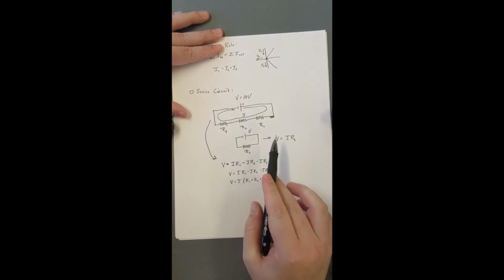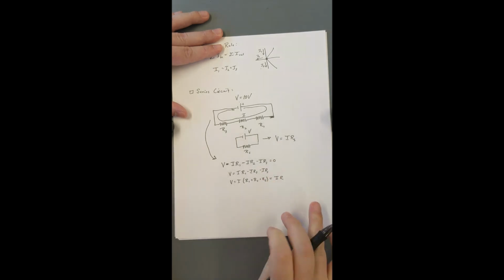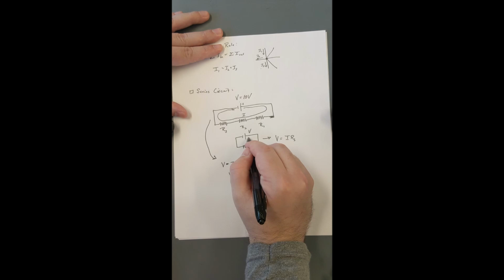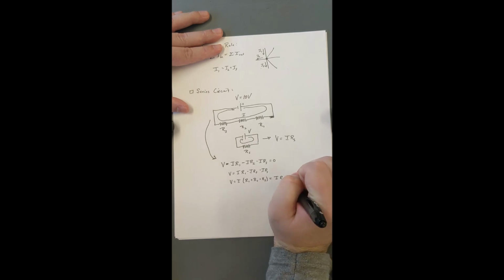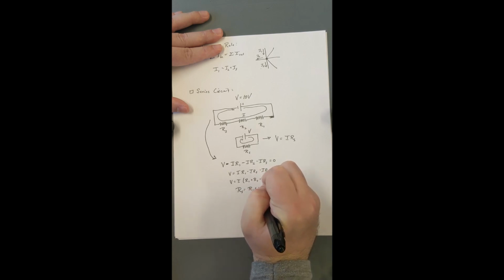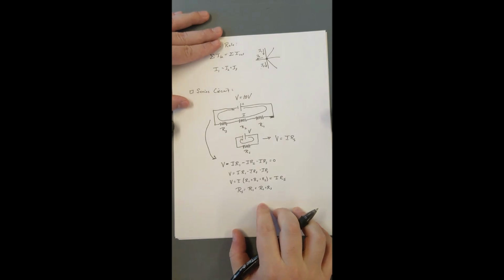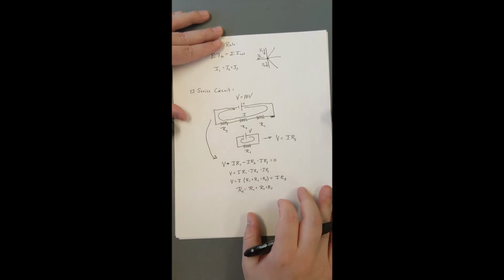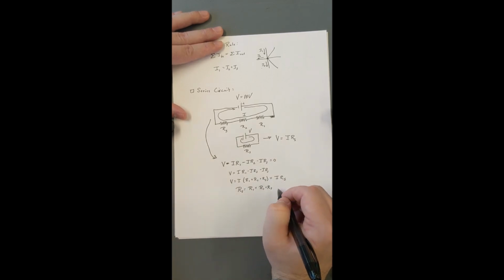Since this V and this V are the same, that leaves us now with this. I is the same here and here, since the current should remain unchanged in this setup. This is R sub S. So then we can write R sub S is equal to R1 plus R2 plus R3. You may be familiar with this from other discussions about currents and resistors. You may have seen this in other demonstrations as well.